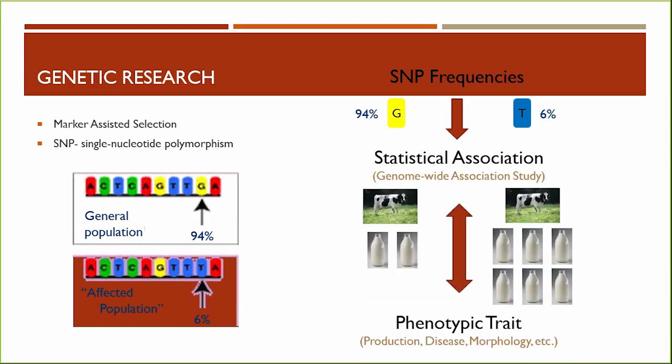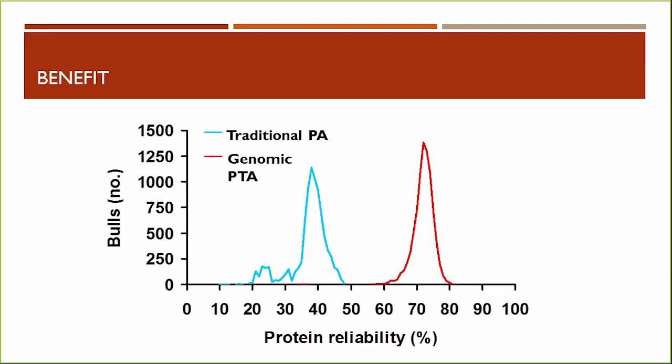So what does this actually give us for a benefit? What you can see in this particular chart is protein reliability. Using traditional evaluation, that's based on what we actually see in the animals. Even though this is looking at bulls, what they did is take the protein production of daughters, and they can estimate using traditional evaluations with about a 40% reliability, that's the blue peak, of how well that animal produces protein.